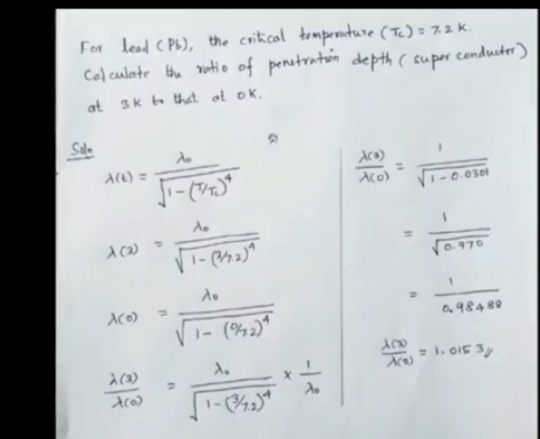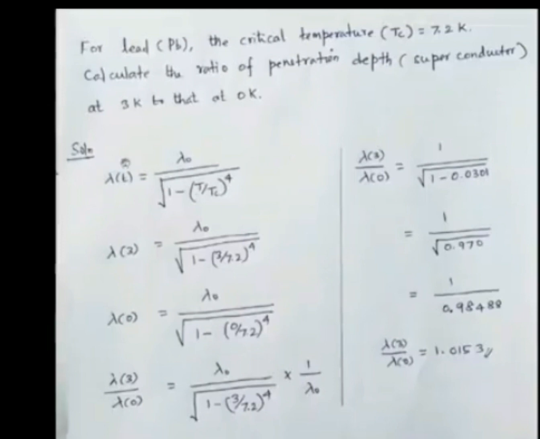So we know the relation between the London penetration depth lambda and temperature. That is, lambda of T is equal to lambda naught divided by root of 1 minus (T by Tc) power 4.